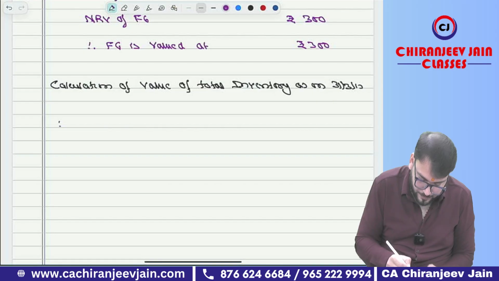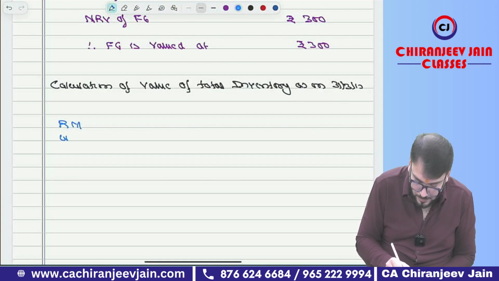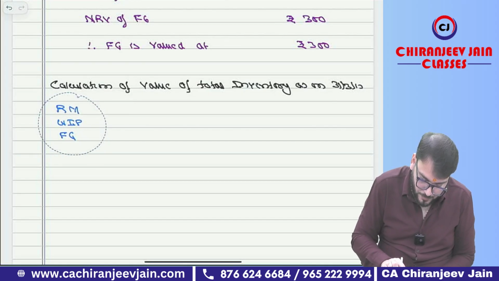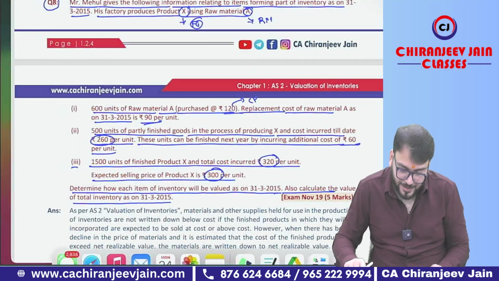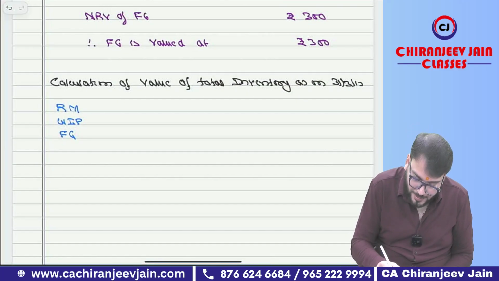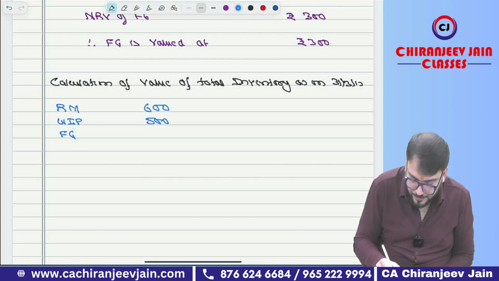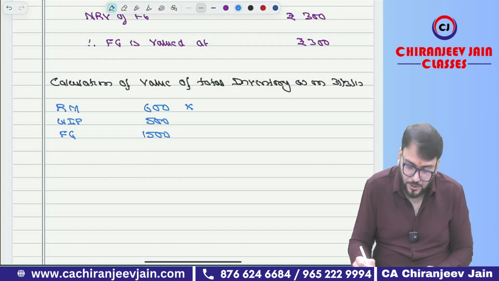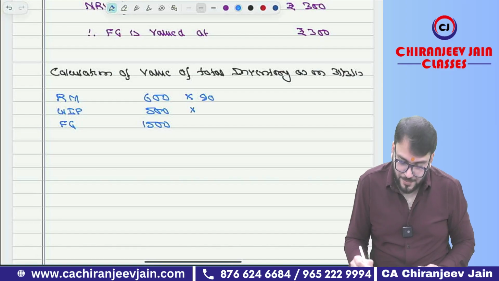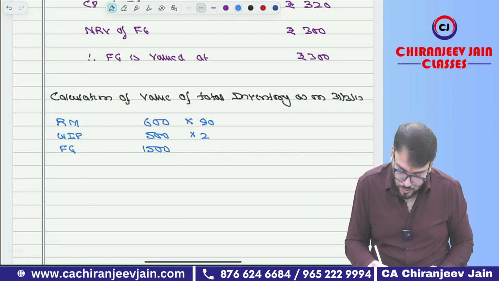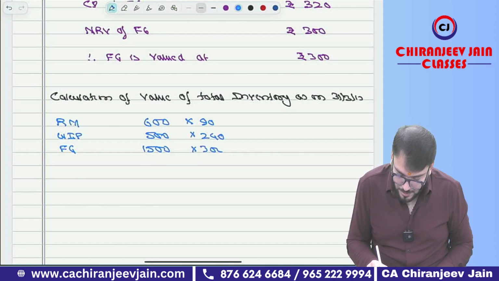Raw material, WIP and finished goods. What are the units? Raw material 600, then WIP 500 and finished goods 1500. 600 into how much? 90. 500 into how much? 240. And 1500 into 300.